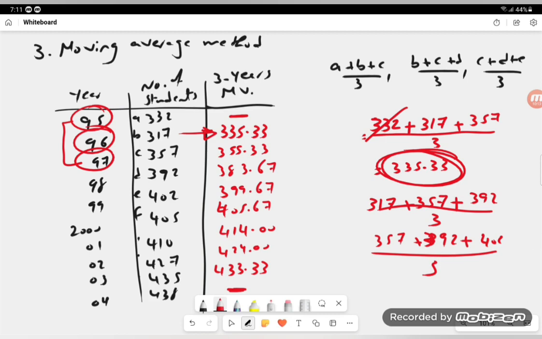So in case of 3 years moving average, you will not find a moving average in front of the first or the last year. What are the main advantages and disadvantages of using this method?